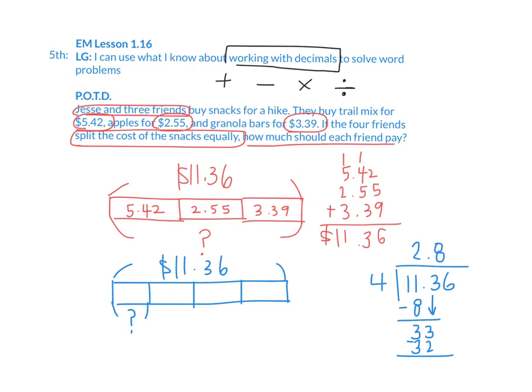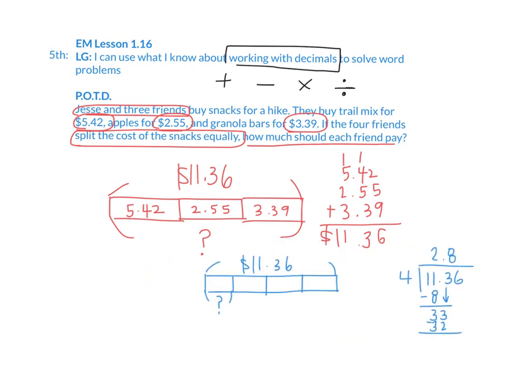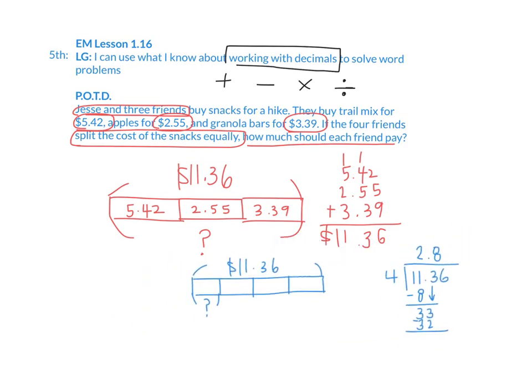What should we do with that 1/10 that's left? We regroup it. So that 1/10 becomes 10 hundredths. But if I bring down the 6 hundredths I already have, how many hundredths do we have altogether? 16 hundredths divided by 4 is?